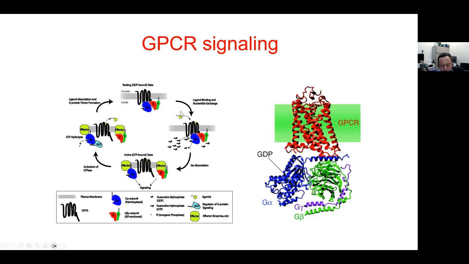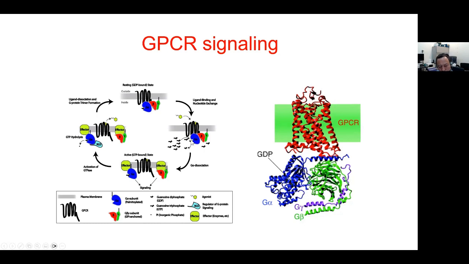If you have a signal, which we call an agonist or activator, it will trigger a conformational change. So GDP will be exchanged for GTP. GTP is triphosphate, GDP is diphosphate.